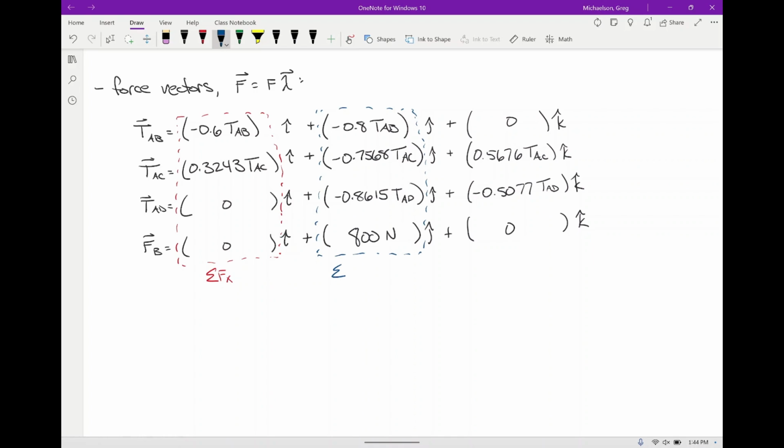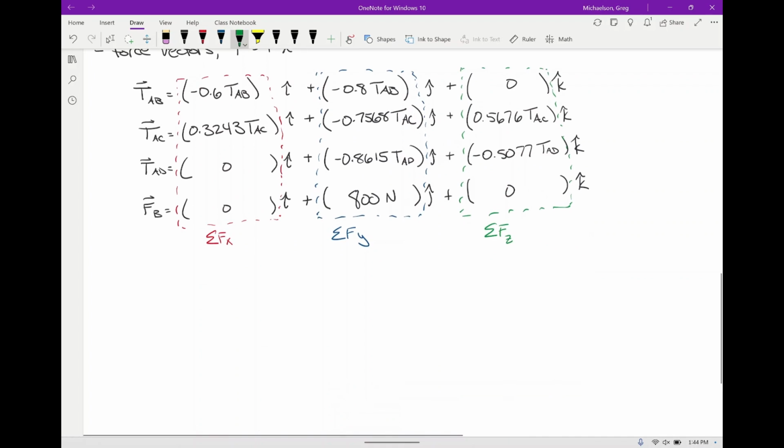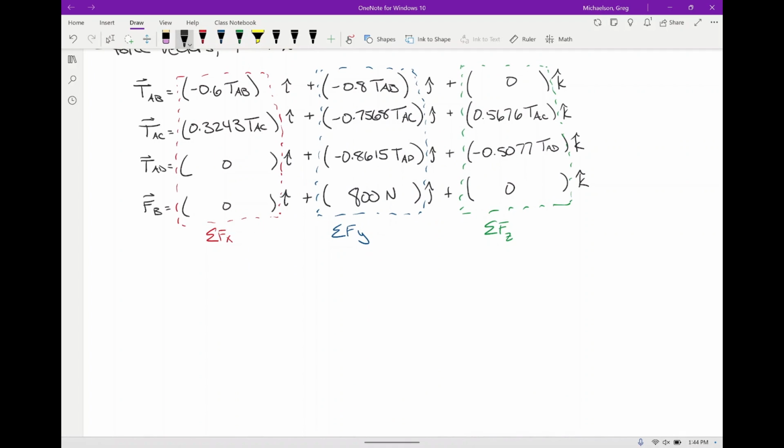And these will be the sum of the forces in the y direction. And then add up all of these. These will be the sum of the forces in the z direction.